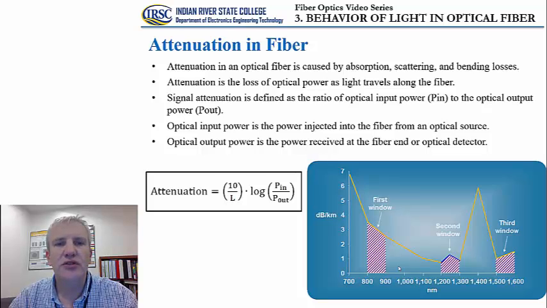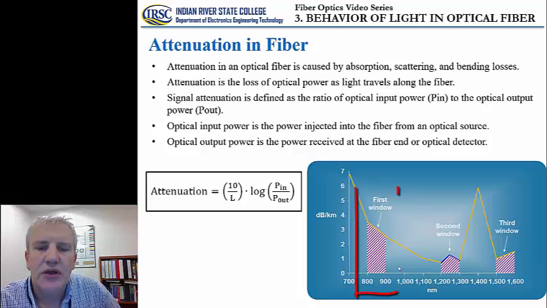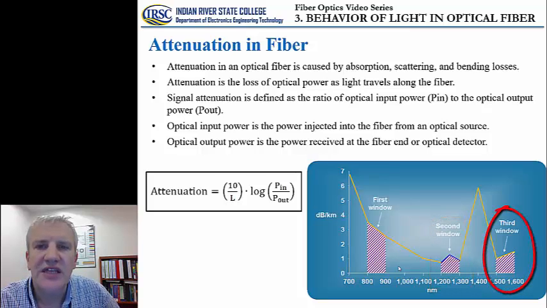Attenuation in optical fiber is caused by a few distinct phenomena, and those are absorption, scattering, and bending losses. On this slide, there is also a plot shown that specified three distinct windows of wavelengths that are being used to transmit light along an optical fiber. There is a first window somewhere around 800 to 900 nanometers, and then the second window between 1200 and 1300 nanometers, and finally the third window between 1500 and 1600 nanometers.